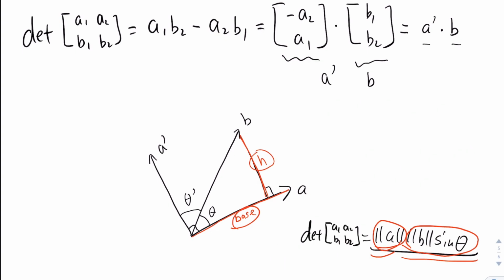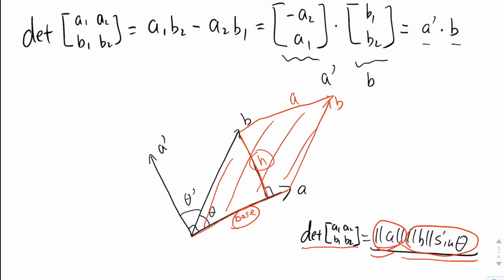It turns out that the base times H is actually the area of the parallelogram. So it's this. If I move A up here, and if I move B to here, I will get a parallelogram here. So the determinant of the vectors A and B is just the area of the parallelogram that these two vectors make.